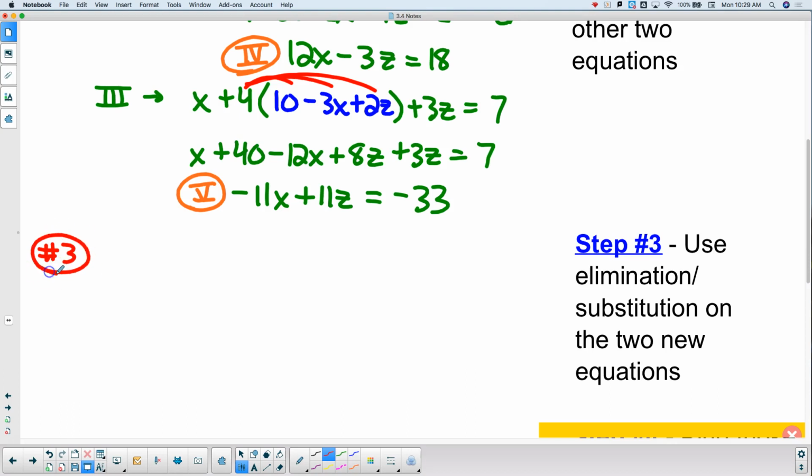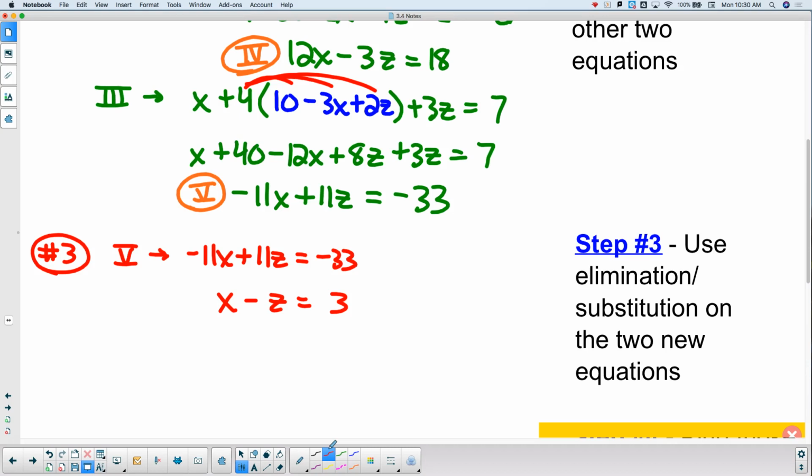Step number 3 now. So you're saying we're going to take equation number 5, negative 11x plus 11z equals negative 33. And I'm going to make that be, can I divide by negative 11? Okay, because then that would be x minus z equals 3, if I divided every term by negative 11. Makes it a little bit easier, right? Okay. And then what would you multiply that new equation by? Negative 3. Okay.